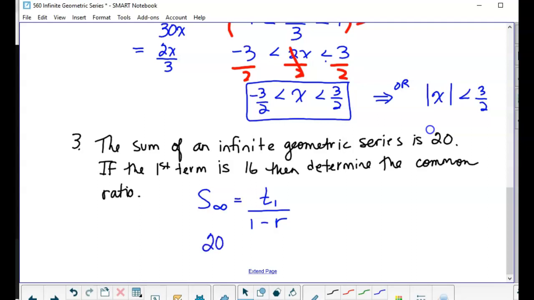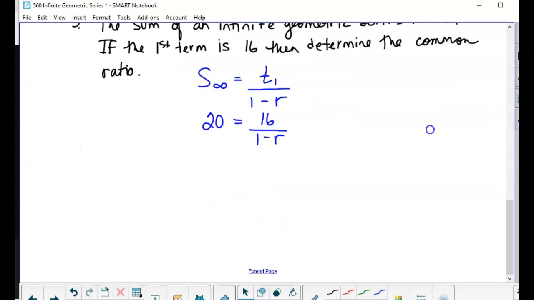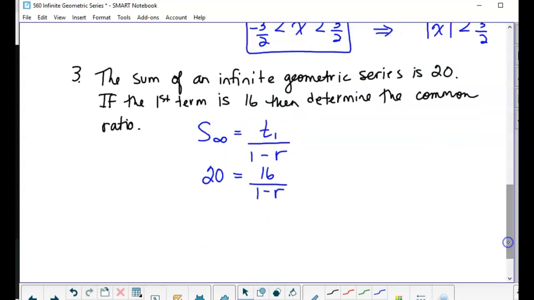So sum is 20. First term is 16. We want to solve for r. We'll solve that equation.